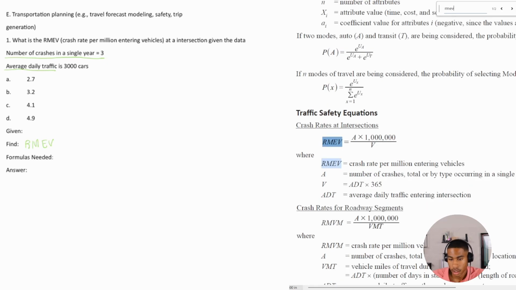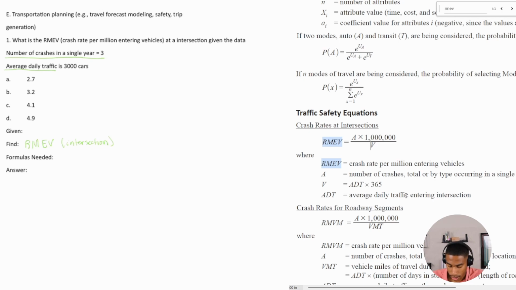All right. So now it's just a matter of looking at what they give us, right? It's at an intersection. I think that's important to note, because they give us a crash rate at intersections and they give us crash rates for roadway segments.